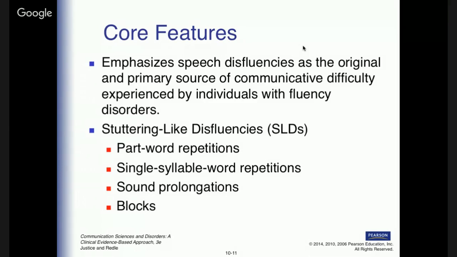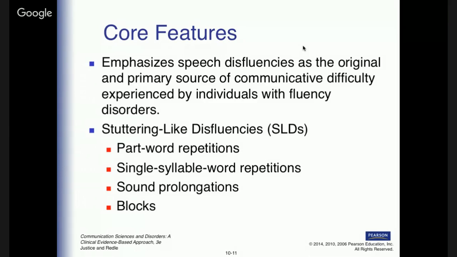And then blocks are where the person who stutters is taking their larynx and their vocal folds and slamming them together like you would if you're picking up a heavy object, if you're moving your couch, and you cut off your airflow to build up that good old air pressure.